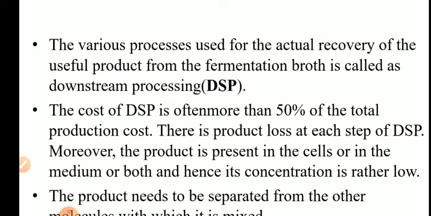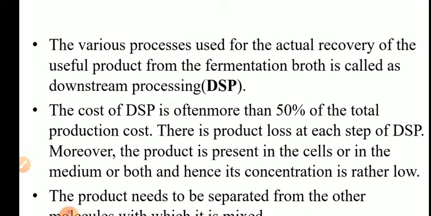Now the cost of downstream processing is most of the time more than 50% of the total cost of the production. So the cost of DSP is a very critical factor. Separating the desired product from the fermented broth, from the liquid, is a very critical step.